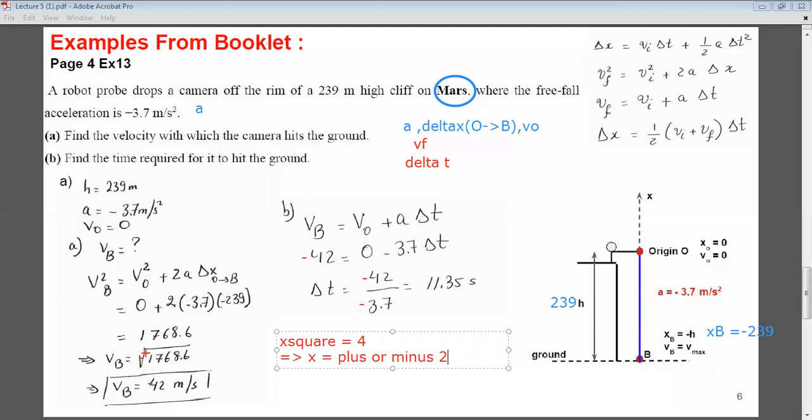Okay, so it's either plus 2 or minus 2. Both of them will give me the same answer. But here, why do we choose minus 42 meters per second, not the plus?